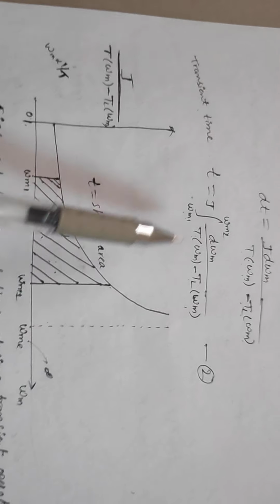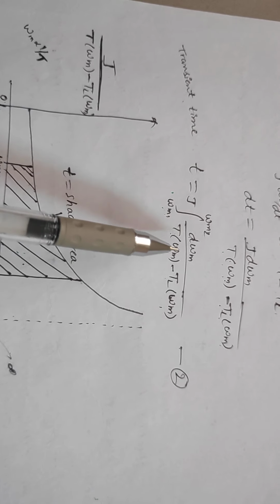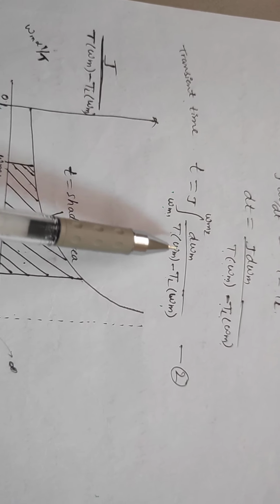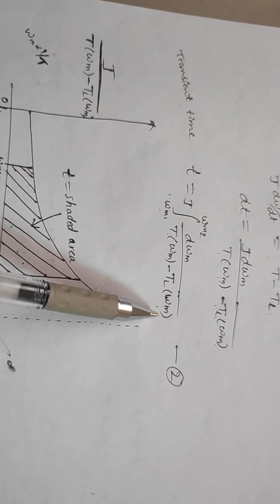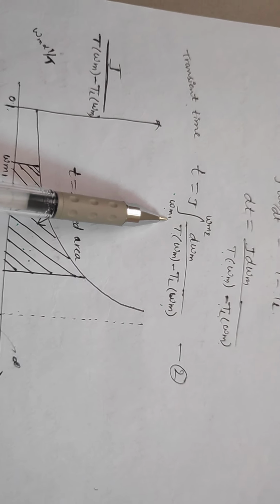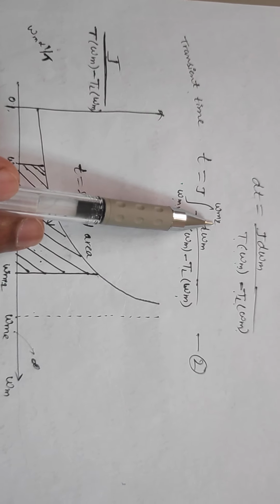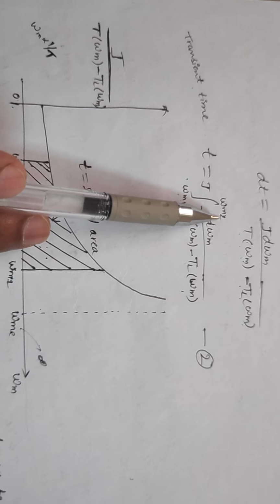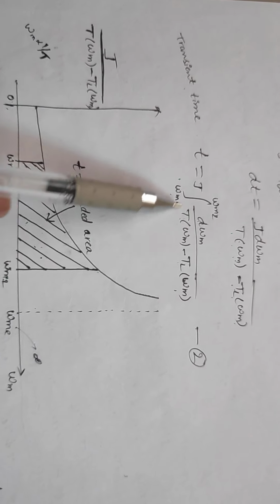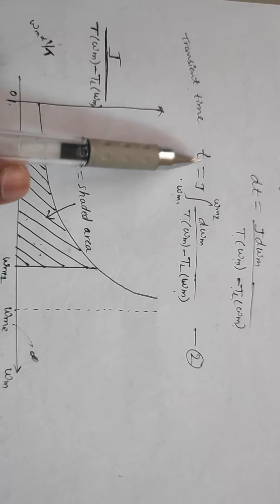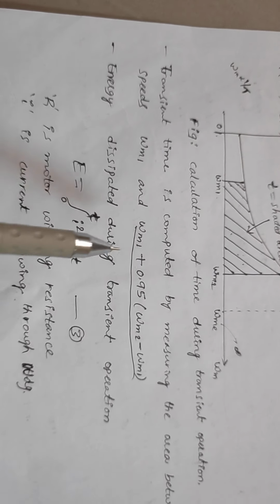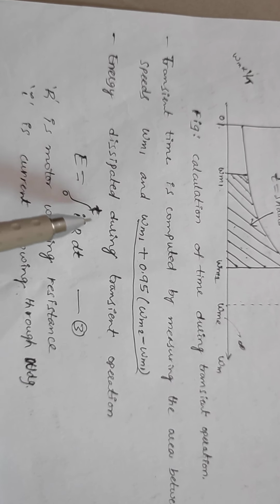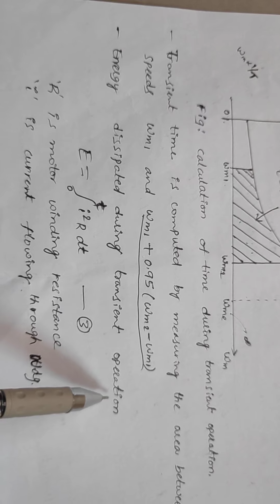Generally, we'll use this equation. In the problem statement, they'll give the motor torque as a function of speed, the load torque as a function of speed, the starting speed and the equilibrium speed. To find the equilibrium speed, they'll give some conditions, so from the given data we can find the transient time. Once you find the transient time, you can find the energy dissipated during the transient operation.